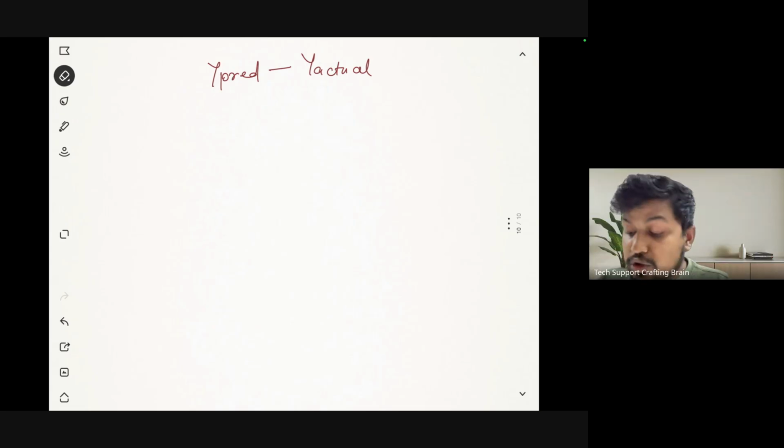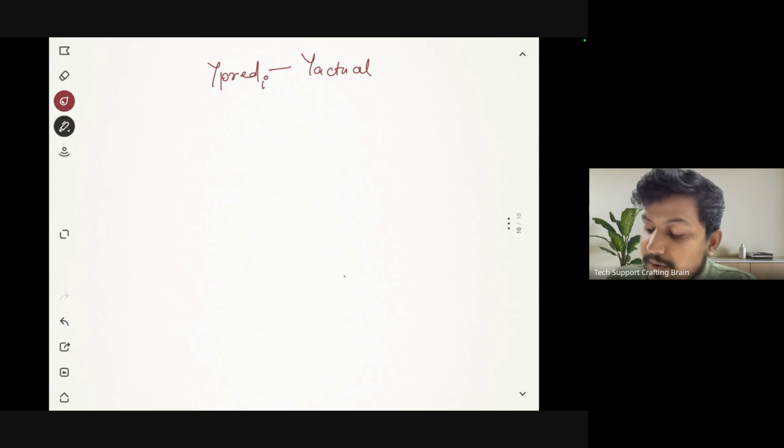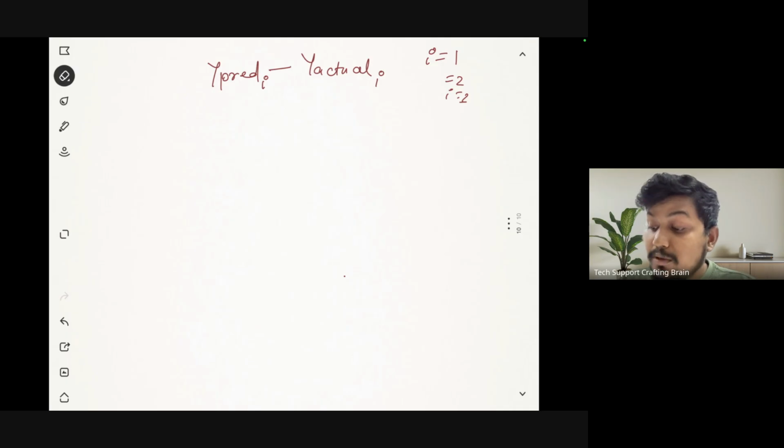So if we want to do all the data points, how do we denote it in mathematics? We denote it by some value called i. Here i can be for the first data point, for the second data point, for the third data point. So for all the data points, we will calculate it.